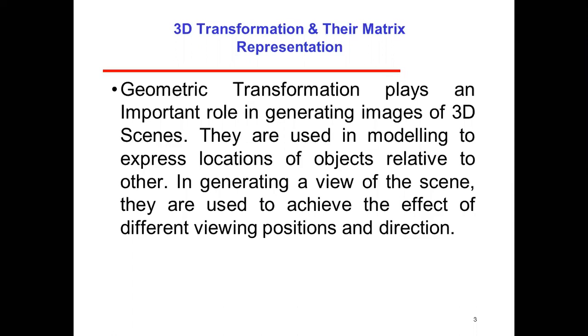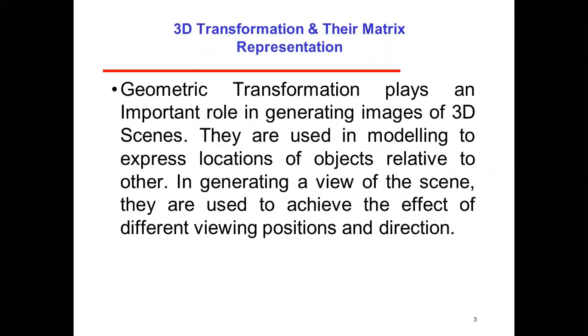In case of 3D transformation, we can see the object more clearly, or we apply several geometric transformations. Whenever we apply several geometric transformations, it will be more visible. We can see from all angles.